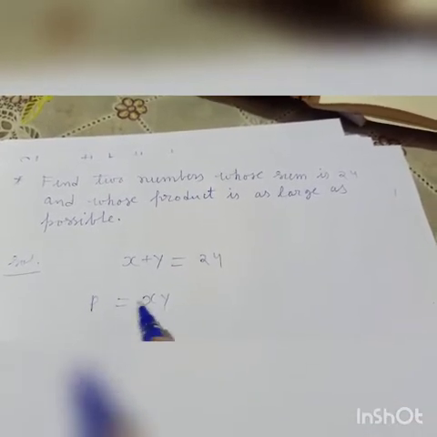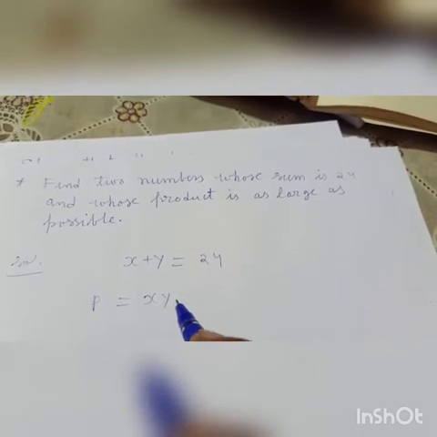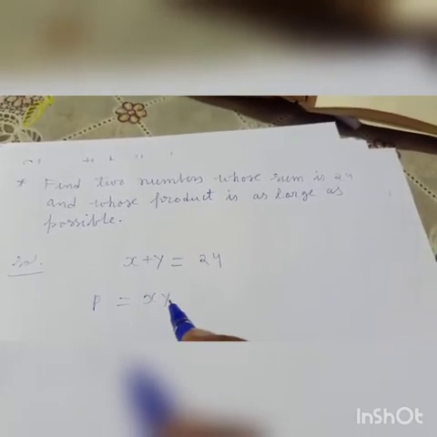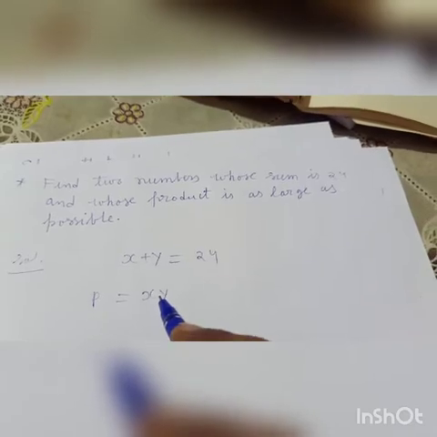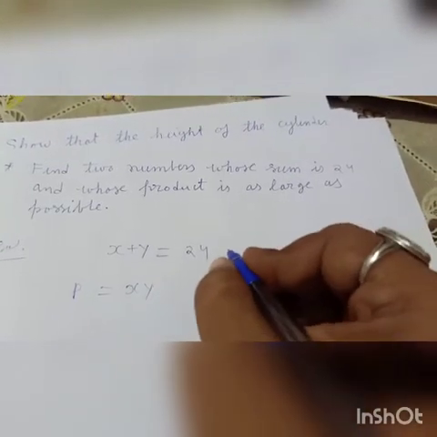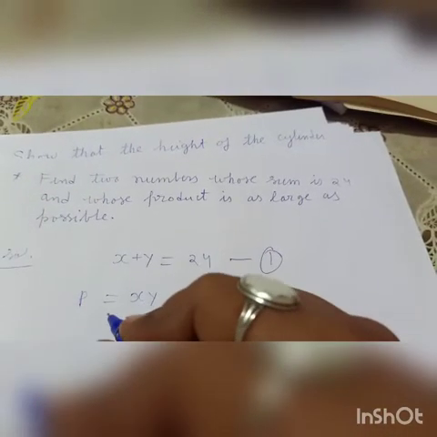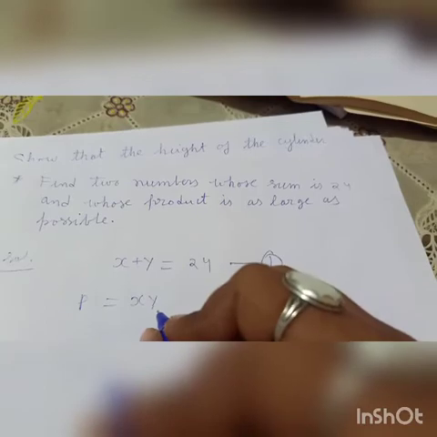So here p is our function, like y equal to f(x), but here it has two variables x and y, so we will convert it into one variable using the given relation. This is the first equation. From this relation we will convert the second relation, that is the value of p, into one variable.